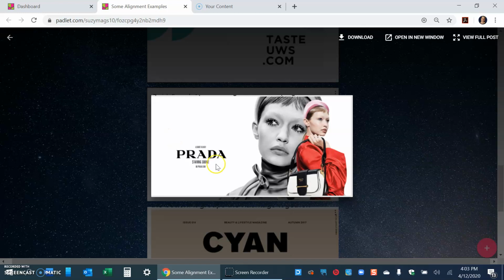But let's notice the positioning of this text here. Not a lot of text, but this text could be up here, this text could be down here, but it's here. And it does have a relationship to what's going on the right, because if we look at this, we see that the bottom of that A, if we draw the line, it's cutting right over here into the red, right above the pocketbook.